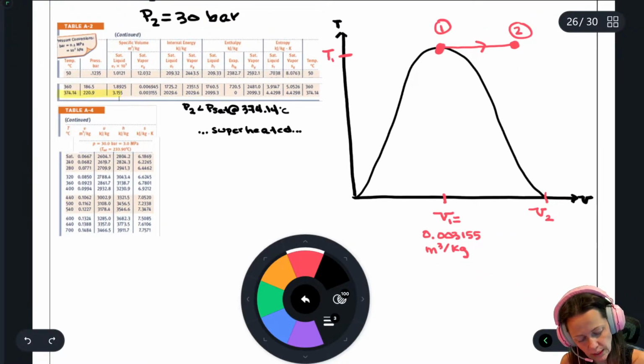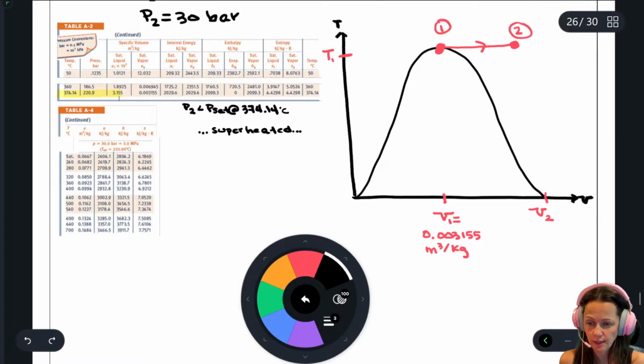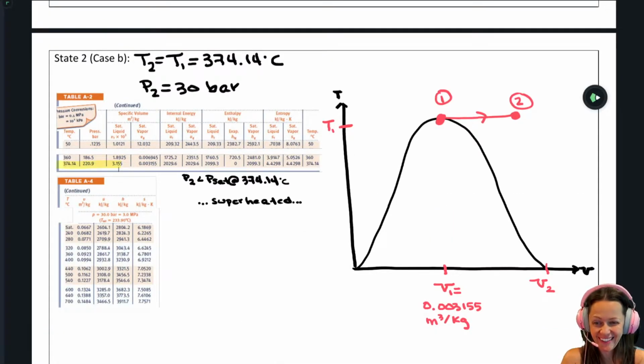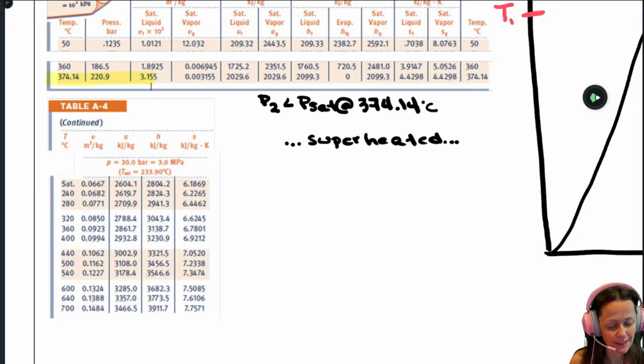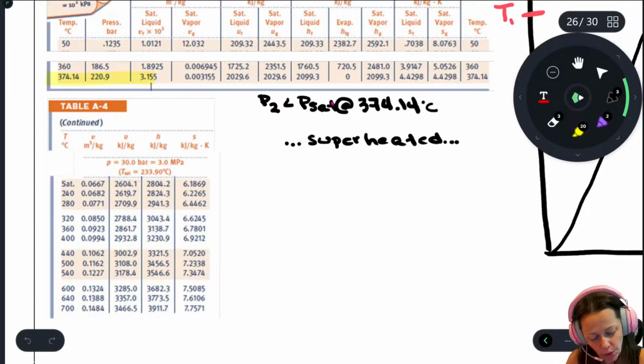So if I look at table A4, and hold on just a second because I've got some settings that need to be fixed. So hold, please. Okay, better. Now for some reason I wasn't able to zoom in, and that was going to be super annoying to me. All right, so we are at 30 bar. We're superheated. We're in our superheated tables.